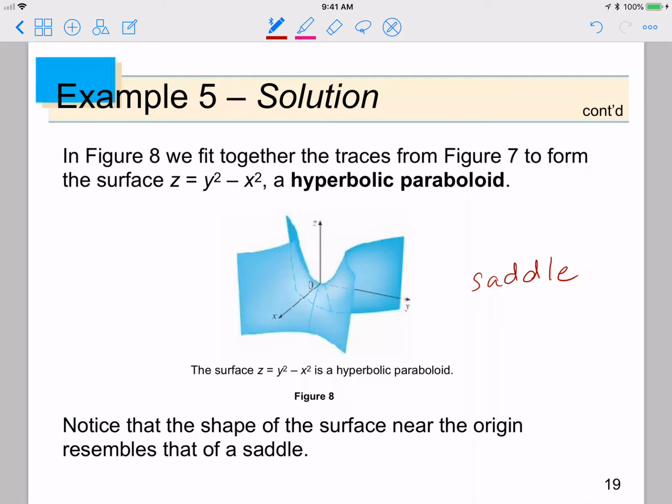Notice that if we look at our cross sections, the horizontal cross section is going to be a hyperbola.